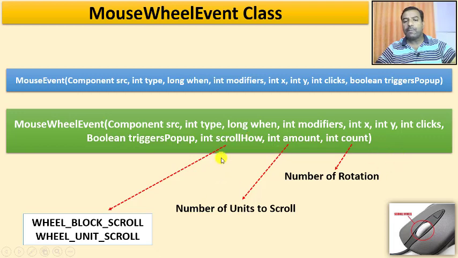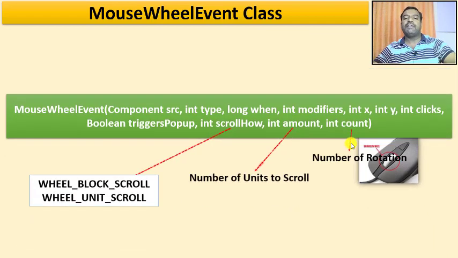The first parameter is how the scroll was done: the wheel block scroll, whether I did a block scroll or a unit scroll. If I'm doing a unit scroll, the number of units I have scrolled is the amount. And count is the number of rotations I have made of the wheel. That is the parameter count in your MouseWheelEvent class.